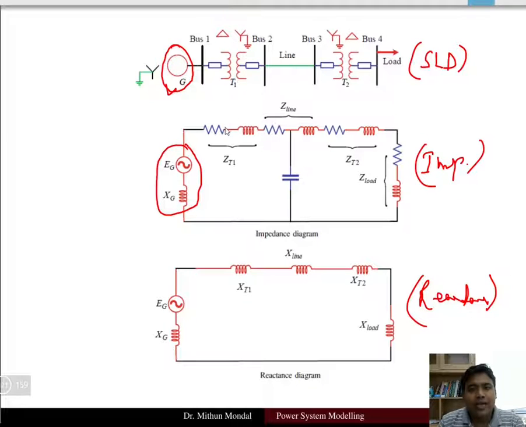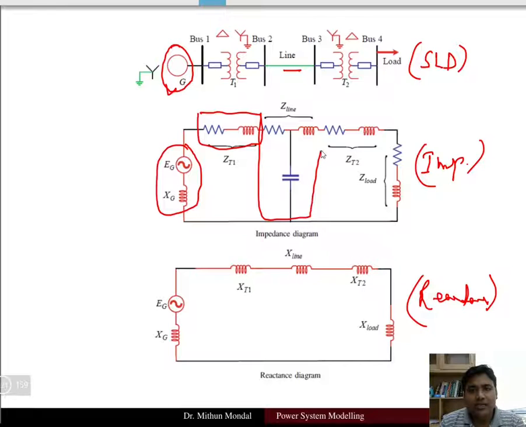The equivalent circuit of the transformer is a resistance and reactance in series, because the shunt branches are neglected in the transformer. The transmission line is represented with a T model.